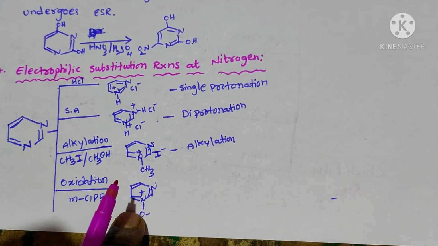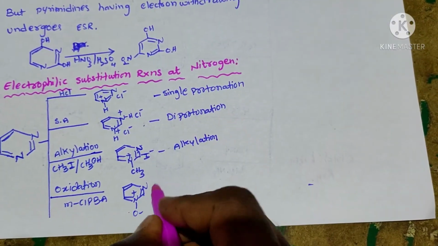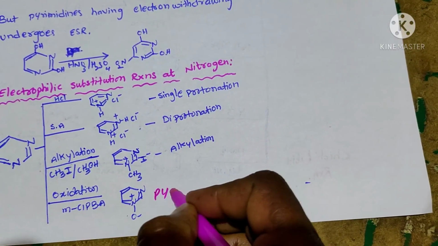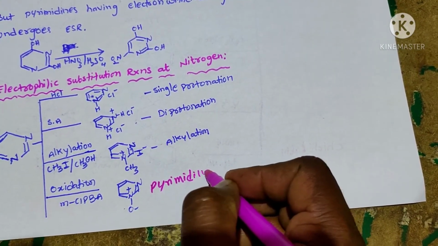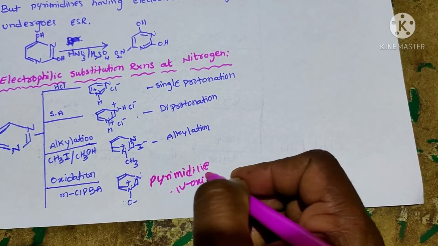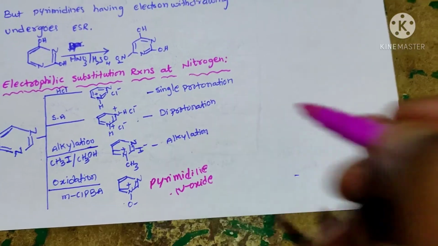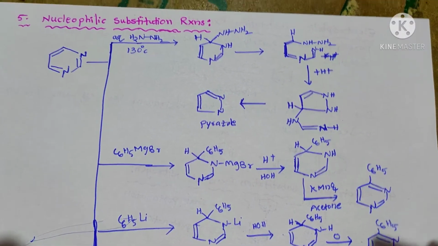This is known as the pyrimidine N-oxide.